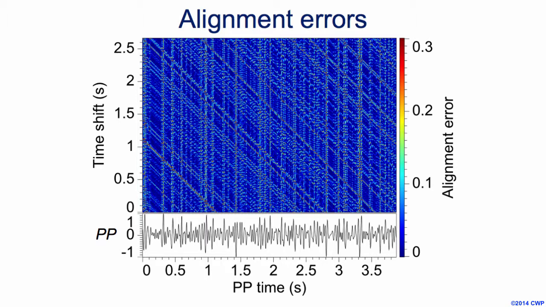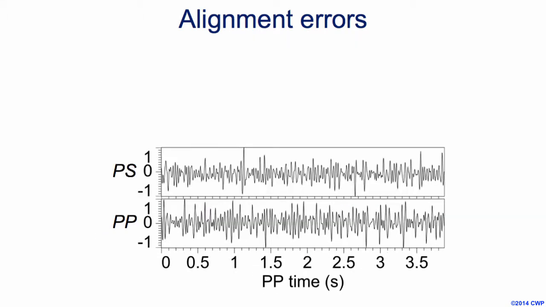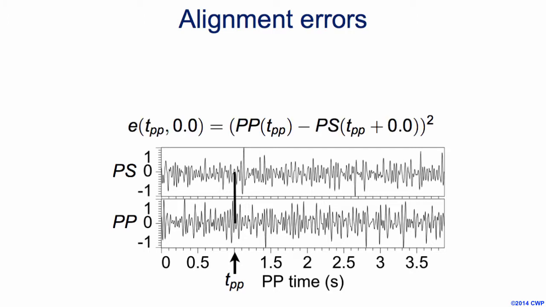All right, so how to interpret this plot? Let's go back to the two seismograms, PP and PS, and pick a PP time of 1 second. The first thing we'll do then is for that time, we'll compare it with the PS sample at the same time. So this is like no shift.